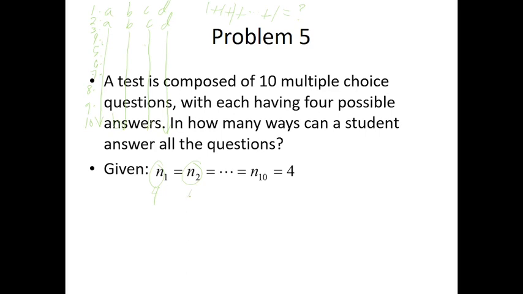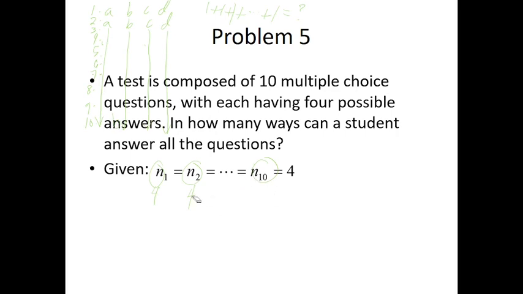Hanggang umabot sa pang-last. Operation number 10, selection of an answer. Siyempre, sa problem, meron lang isang correct answer, pero merong apat na possible answers. So, therefore, four ways of performing operation number 10.